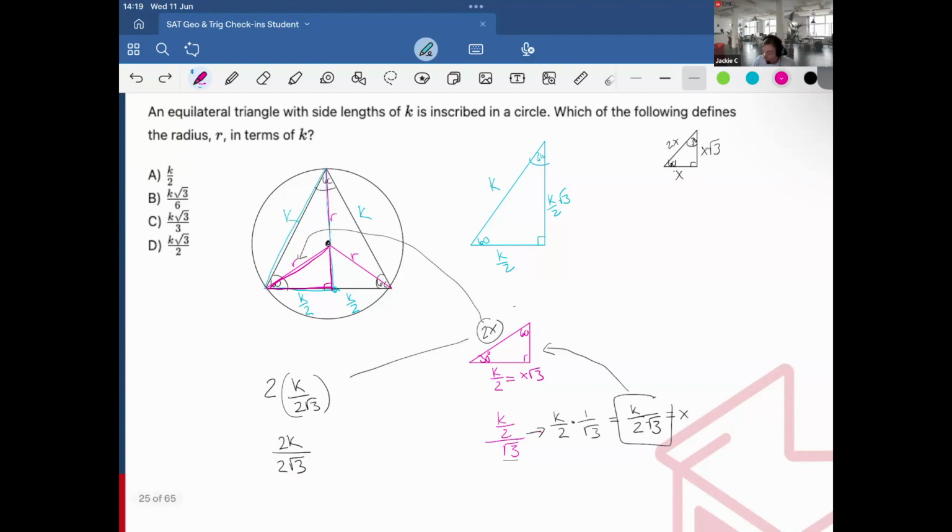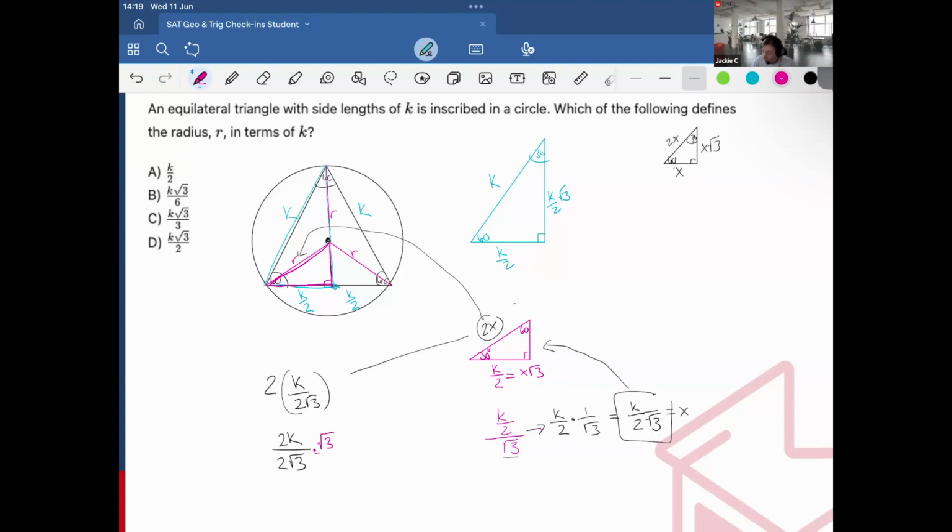So to do that, we would multiply both the top and bottom by root 3. This is called rationalizing the denominator. So I would have 2k root 3 over 6. Why? Because this would be 2 times 3, which is 6.